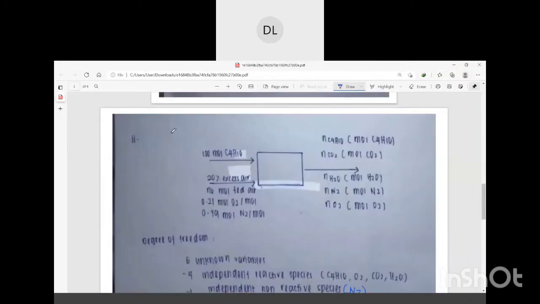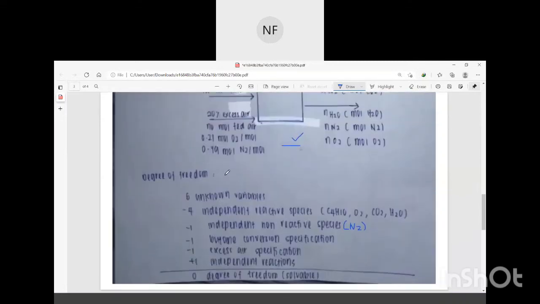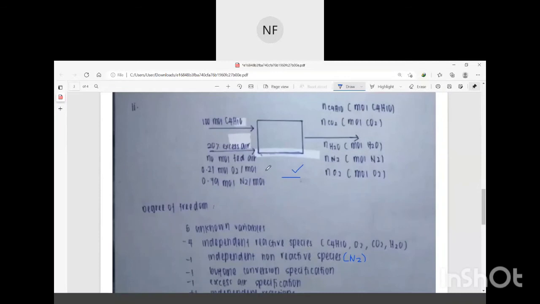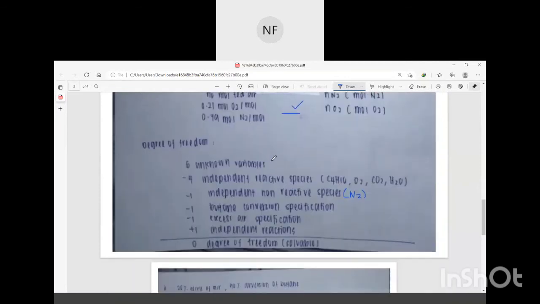Okay, first, I will explain part 2 using the extent of reaction method. From the question, we know that the flowchart is like this. And from the degree of freedom analysis of the flowchart, we have 6 unknown variables that we must find.